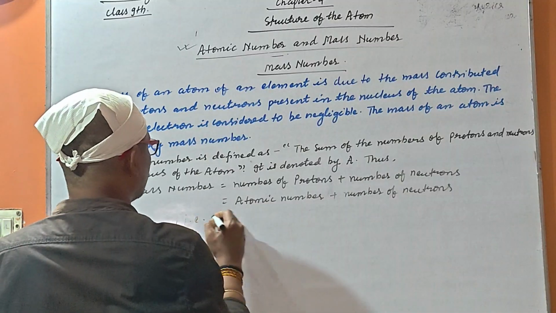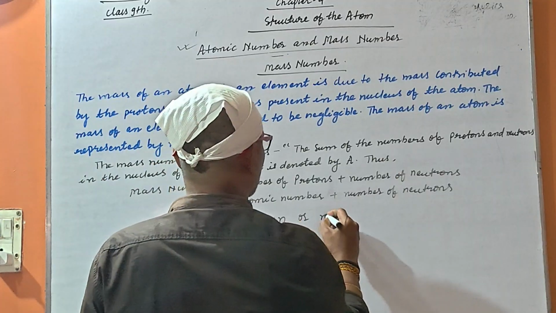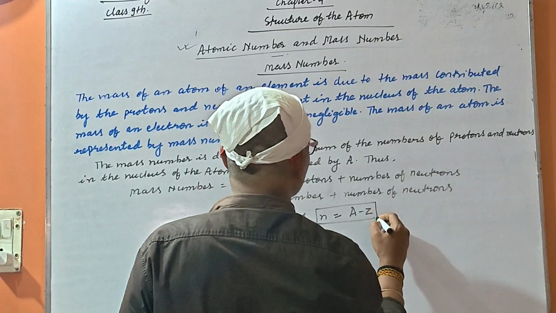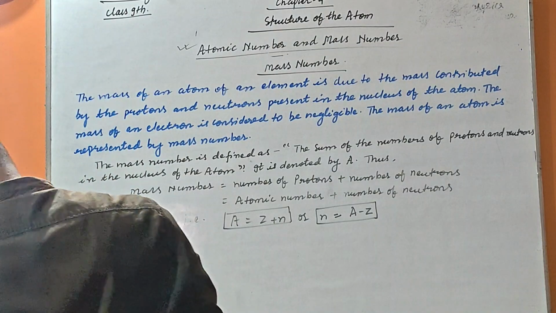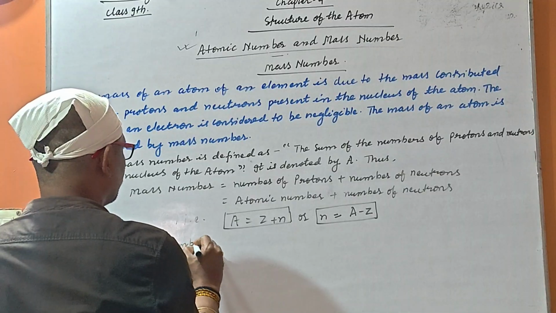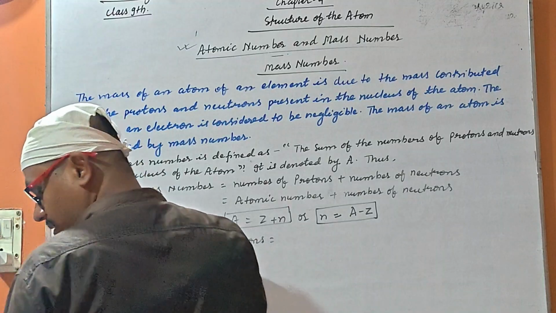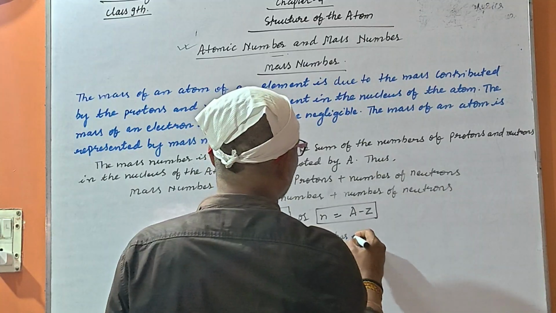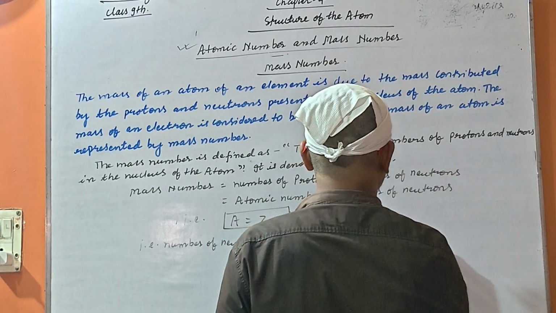That is, A is equal to Z plus N, or N is equal to A minus Z. These are the two formulas by which we can identify the mass number. For example, the number of neutrons is equal to mass number minus atomic number.